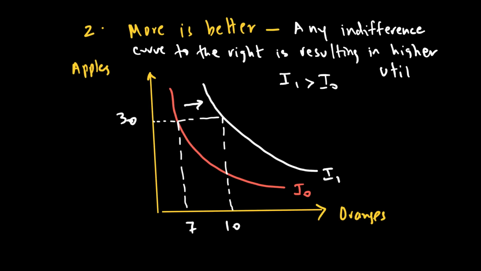And if it is resulting in higher utility, that definitely means that we will prefer any indifference curve to the right over one to the left, because more is better. So for every 30 I'm getting more of oranges, and that means I will prefer this combination x over y on any day.